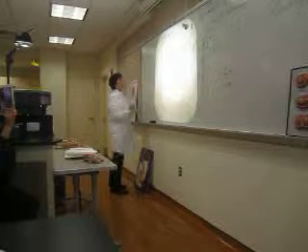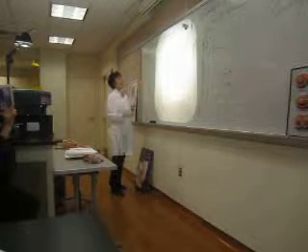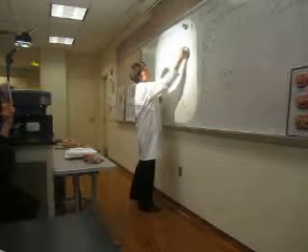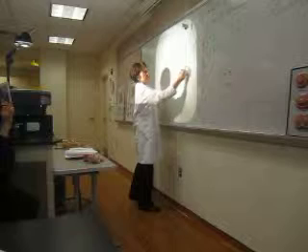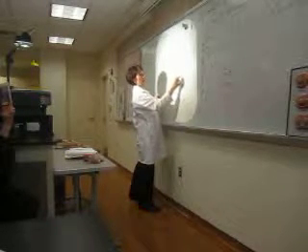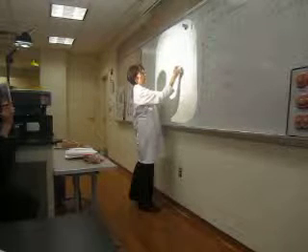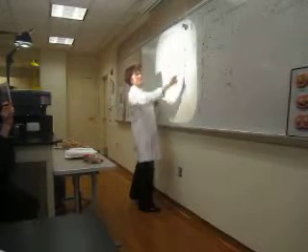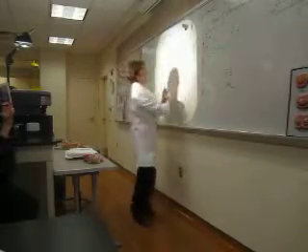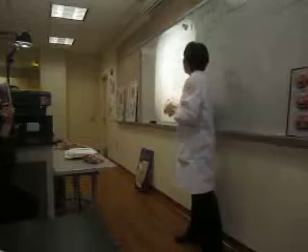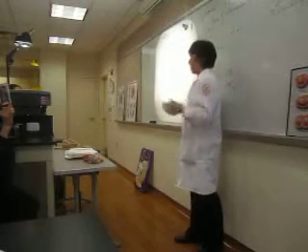All right, same thing. Sustentacular or Sertoli. So here's one nucleus, and all of this is one cell. Here's the tight junction. That's one cell, okay? And then here's the other cell. These cells are critical to sperm production, spermatogenesis.